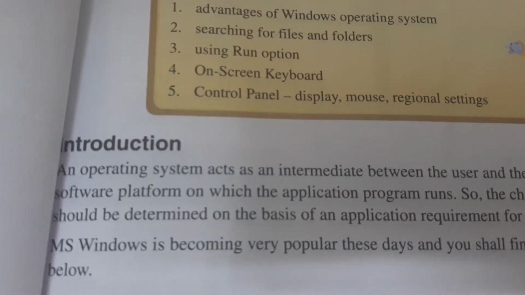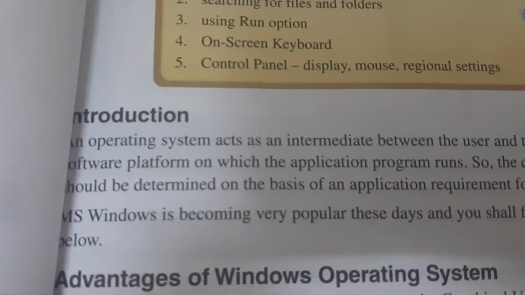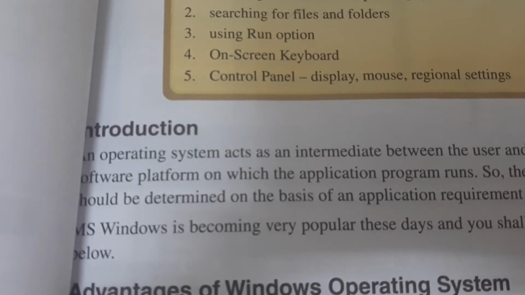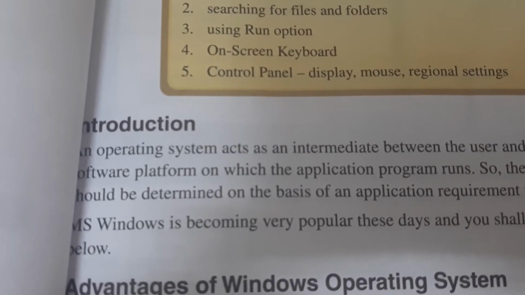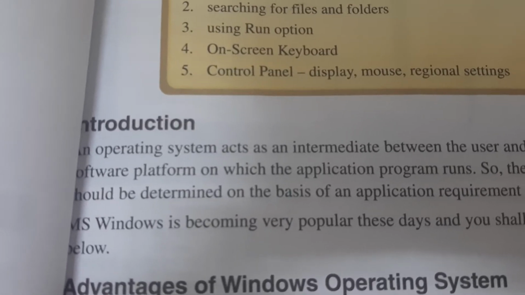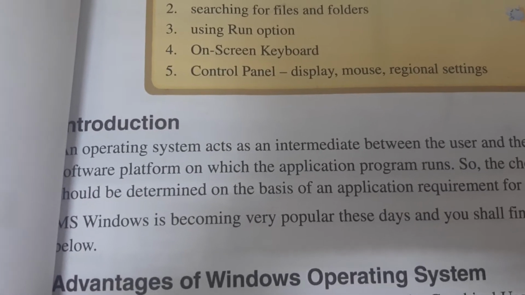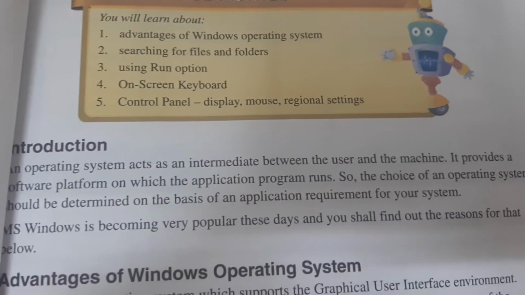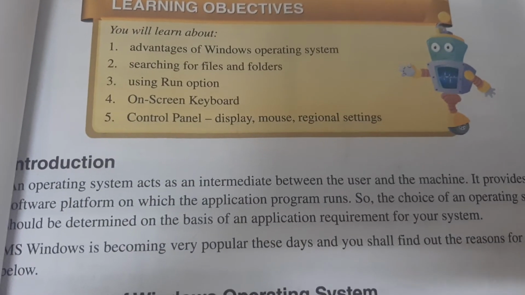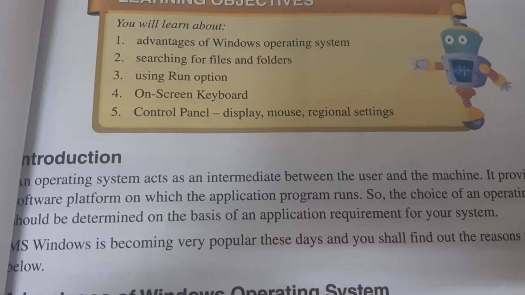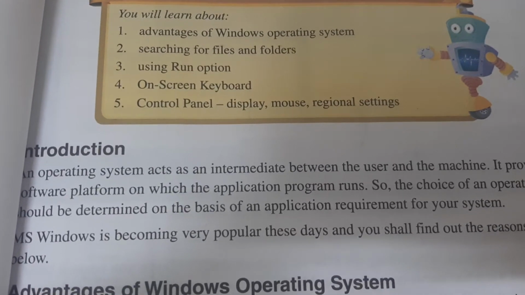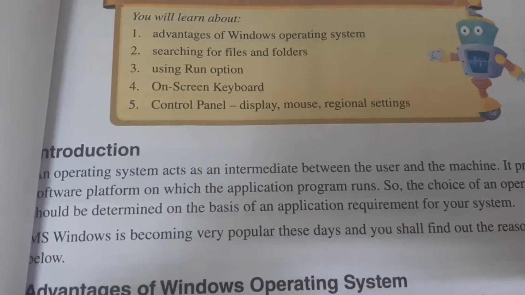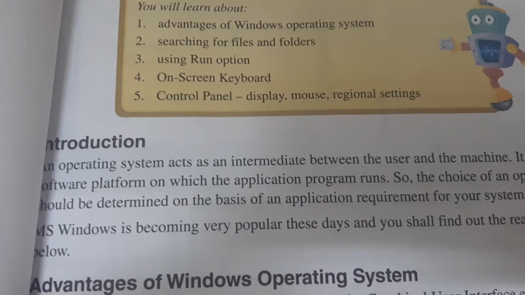All the application programs that we use, for example, MS Office, Paint, Tux Paint, all these applications run on Windows. So the choice of an operating system would be determined on the basis of the application required for your system. It depends on you what type of Windows or operating system you want to use.